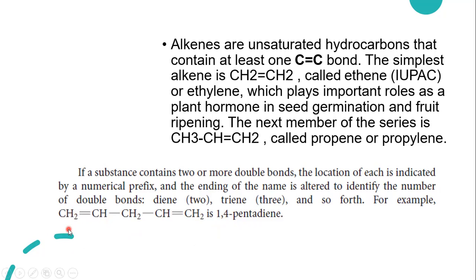Then 1, 2, 3, 4: in the fourth carbon there is also a double bond, so that is why there is a 4. And to identify how many double bonds, we use the suffix diene, triene, and so forth. For example, to identify the number of double bonds here, the ending of the name is diene. So we have 1,4-pentadiene. Okay?